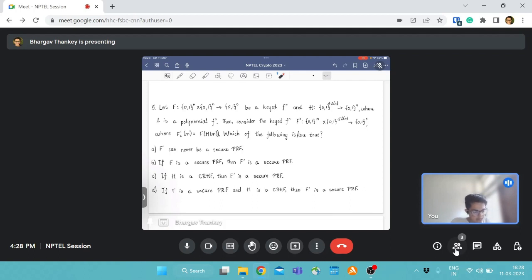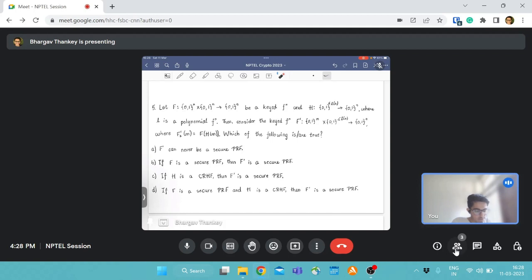So let f and h be like this, and consider the keyed function f prime from {0,1}^n × {0,1}^(≤ l(n)) to {0,1}^n, where f prime k of m is equal to f k of h of m.